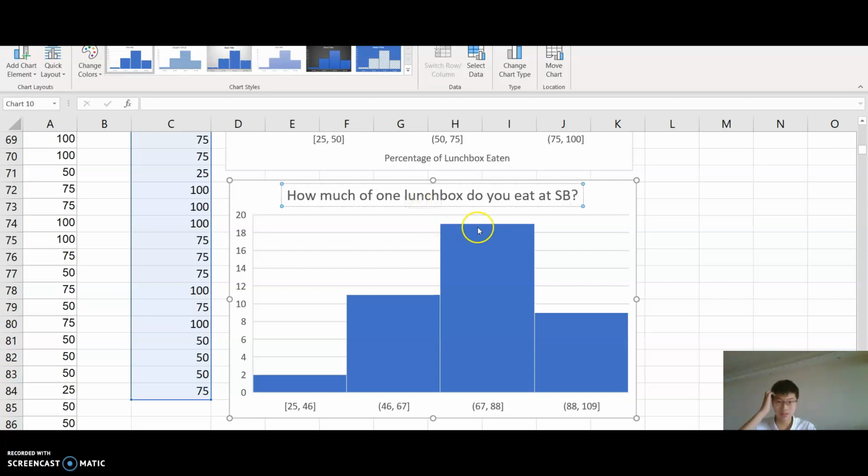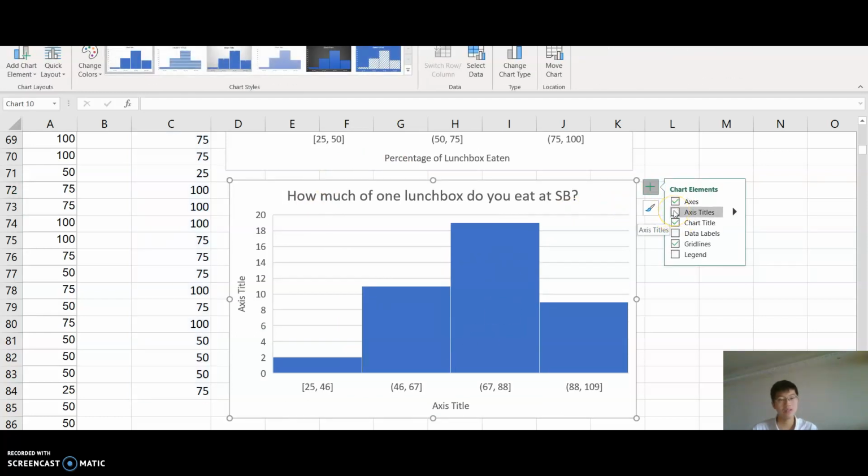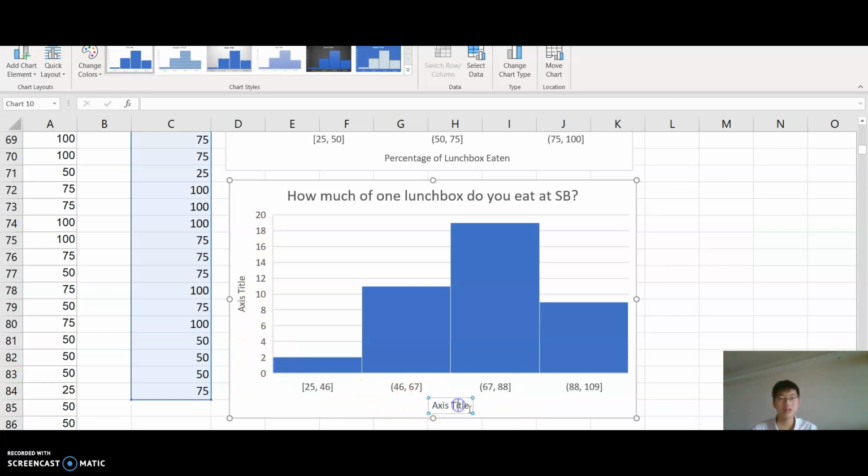So that is the title. And then we can also add these axes titles. Remember we talked about this is the x-axis, this is the y-axis. So we can write a title for that as well.